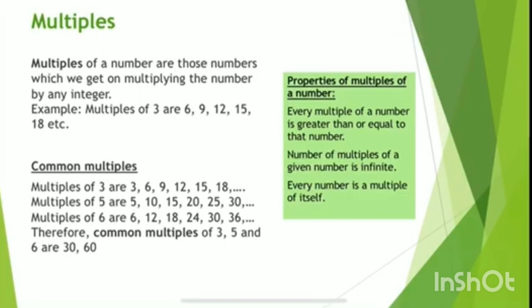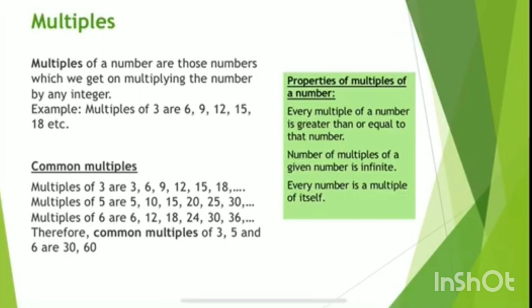Common multiples. Same as common factors, we can find the common multiples between numbers. Example, multiples of 3 are 3, 6, 9, 12, 15, 18 and so on. Multiples of 5 are 5, 10, 15, 20, 25, 30 and so on.